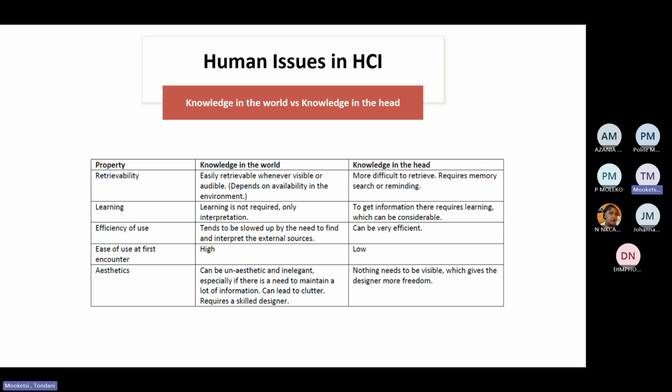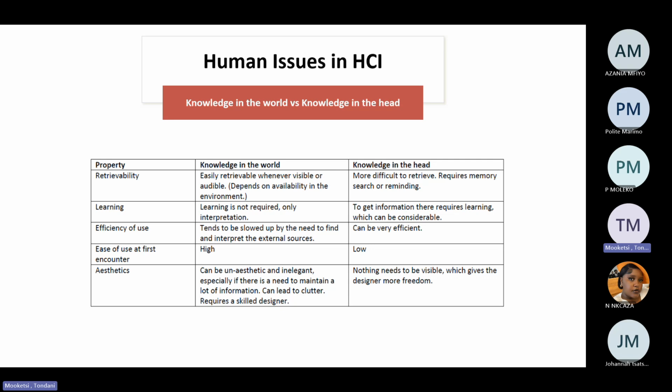With efficiency of use, knowledge in the world tends to be slowed by the need to find and interpret the external sources, but knowledge in the head can be very efficient because the user will know exactly what it is that they require. So ease of use at first encounter.